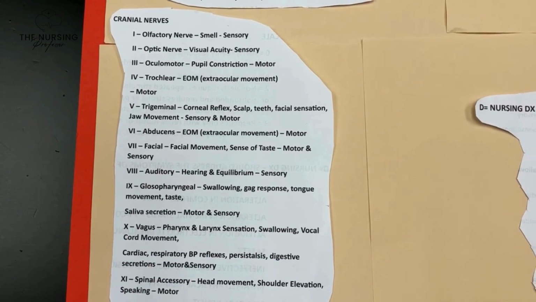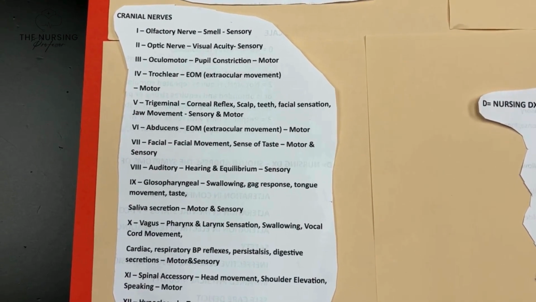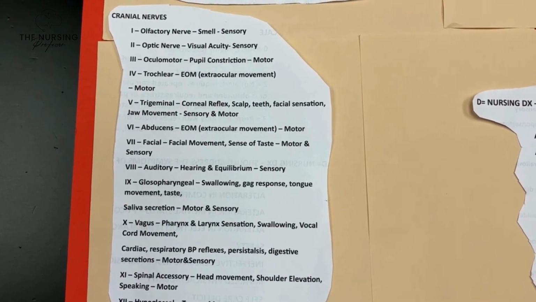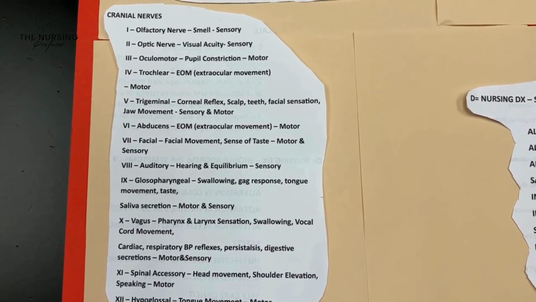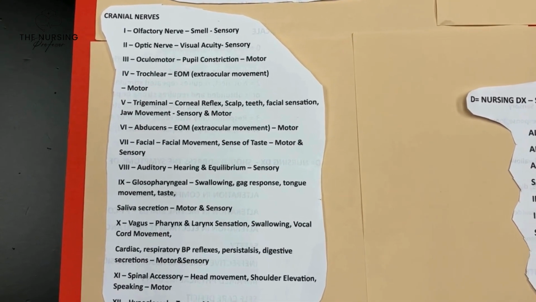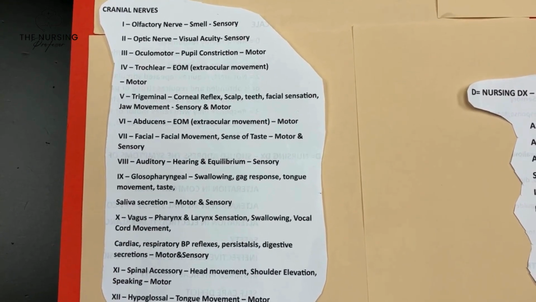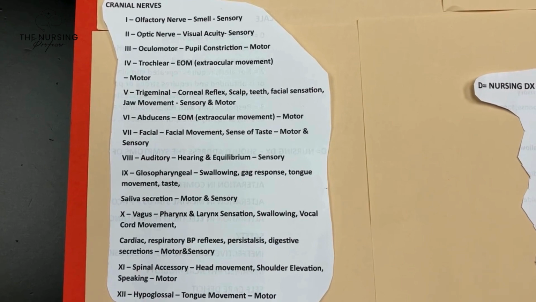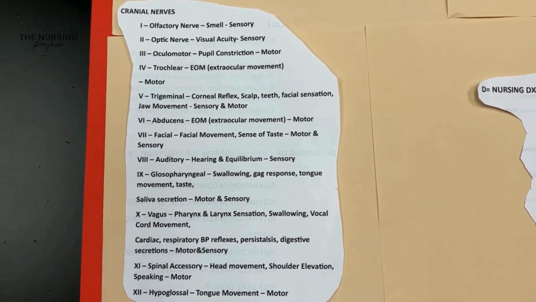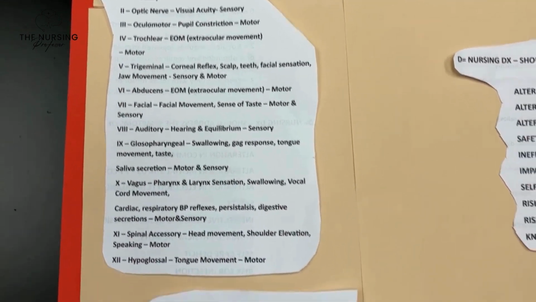There's only a couple that are both, so you should be able to pull those pretty easily. They are trigeminal, facial, and then actually some of 10 is also both sensory and motor. Okay, so know what each of those cranial nerves do.